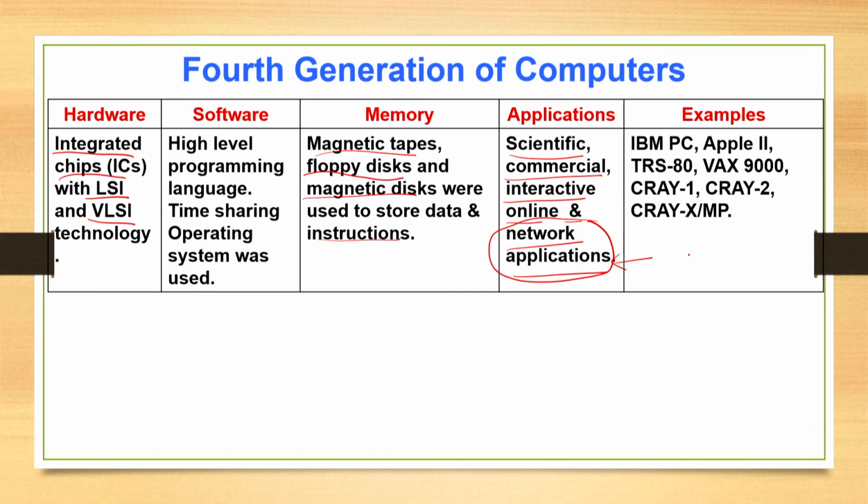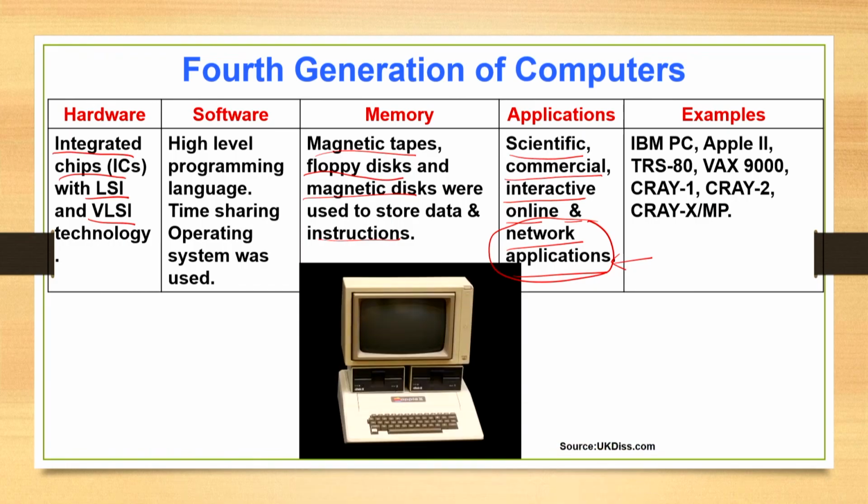Examples of a fourth generation of computers are IBM PC, Apple II, TRS-80, VAX 9000, Cray 1, Cray 2 and Cray X or Cray MP.